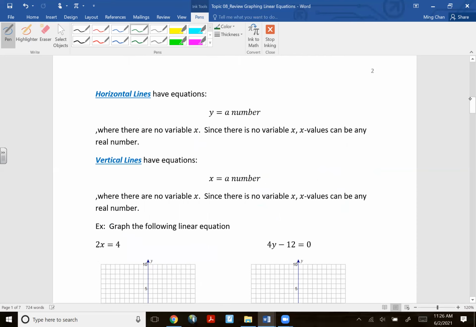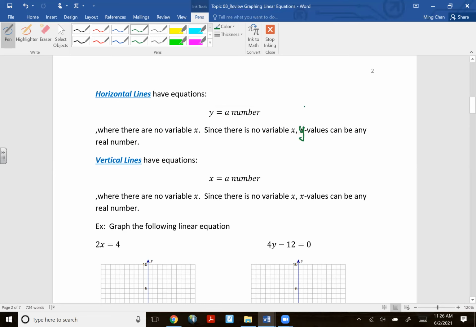All right, horizontal lines. Very important. This is by pure memorization. Horizontal lines are always going to have equations that say y equal to a number. And for horizontal lines, there is going to be no variable x. So since there's no variable x, all the y values can be any real number.